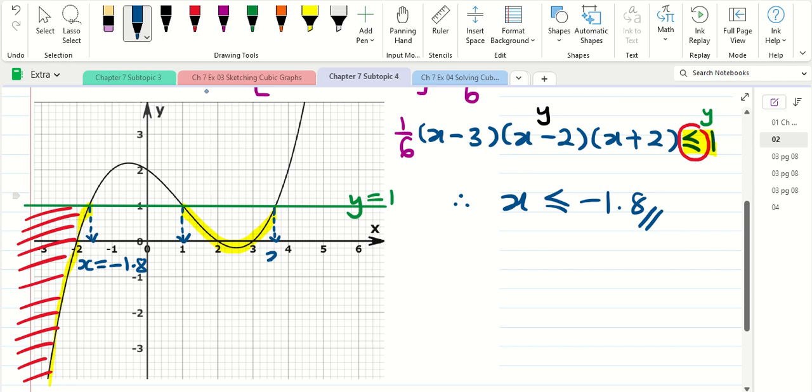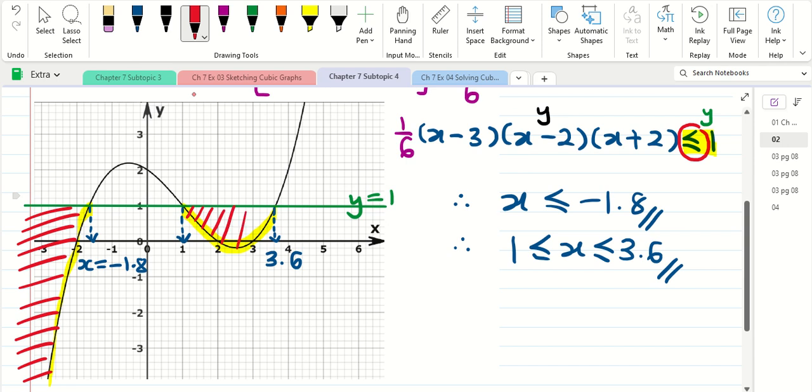So this is 3.6. Based on this graph, the solution is between, so you use 1 is less than or equal to x, and x is less than or equal to 3.6. This is the solution for this part of the graph.